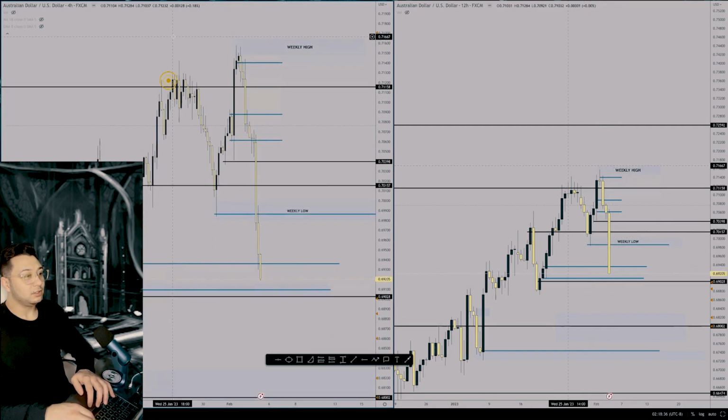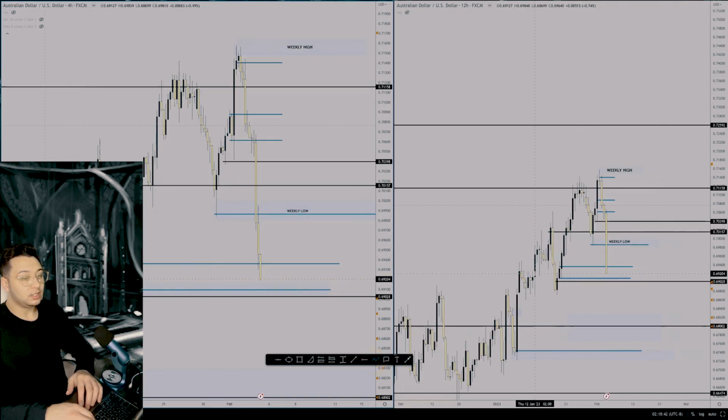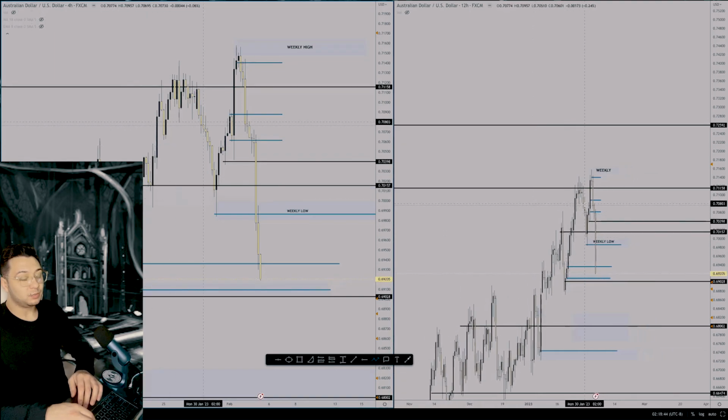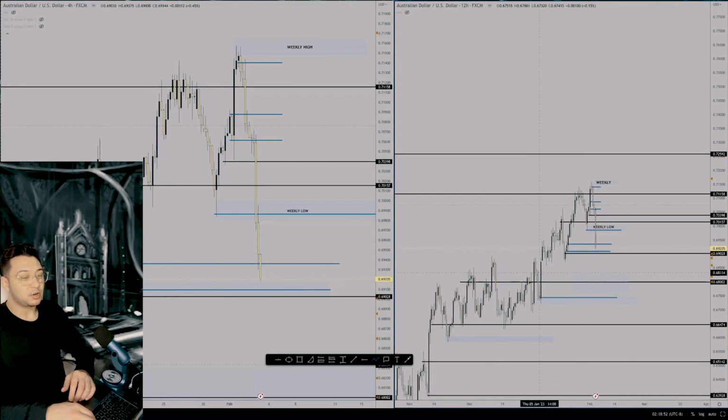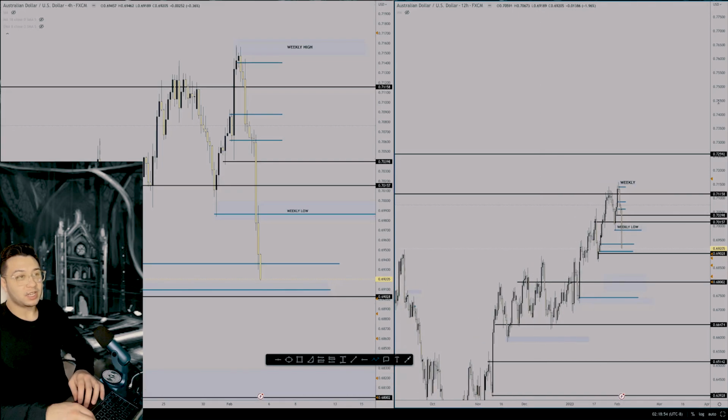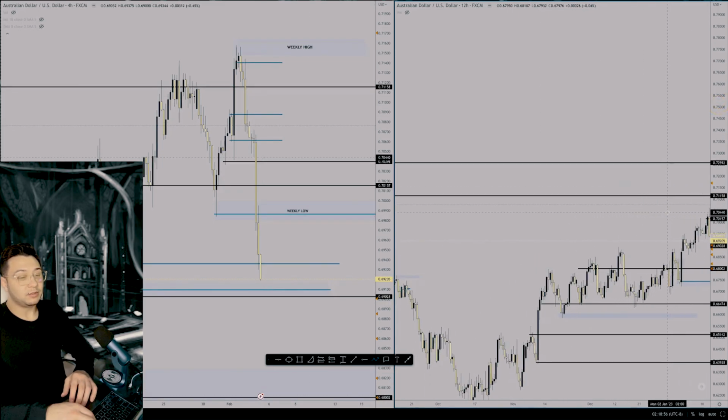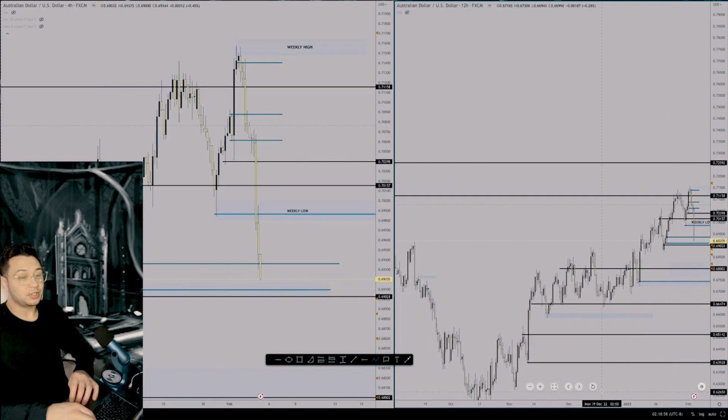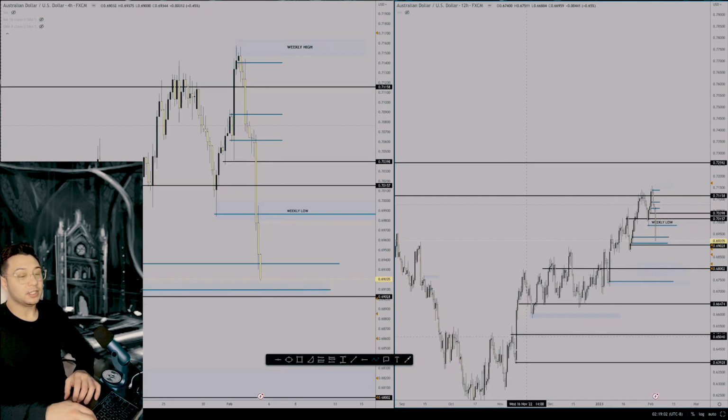Now for a while, it did look like price was going to come back down and fill this area, simply because price normally comes back to these ranges that price makes after breaking out. Every time, well, not every single time, but most times when there is a major breakout, price comes back to eventually fill that area.